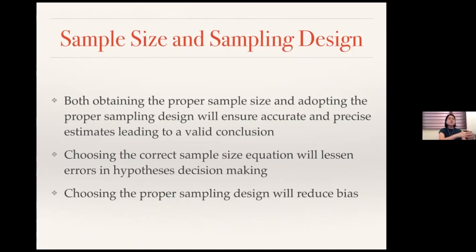So it tells you, oh sige, 20. So you don't know whether this is 20 cases or 20 controls, diba? Because you don't take into consideration the variability of the probability of it happening among cases or among controls with your equation for the population survey. So you really have to know what you want based on your research objective, and then you choose the proper equation. And then after that, choosing the proper sampling design will definitely reduce your bias.